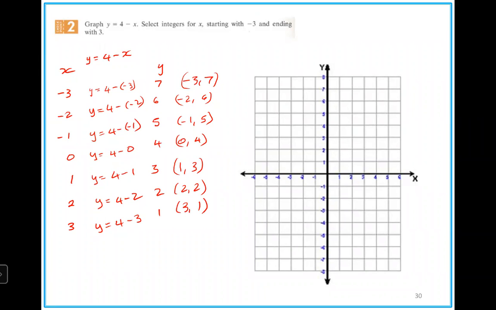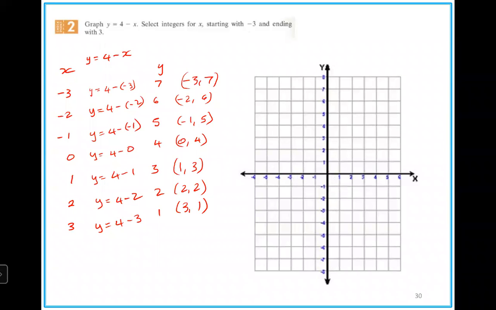And so we're going to start off now with the first one, which would be -3, 7. So you go to -3 on your x-axis. If you don't have the axes labeled, make sure to put x on your horizontal and y on your vertical, and then you number them.